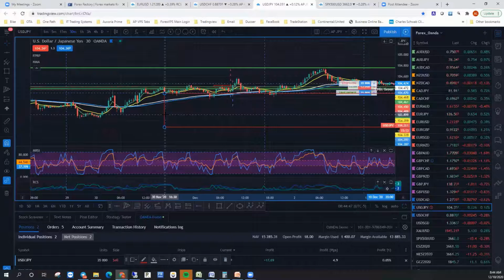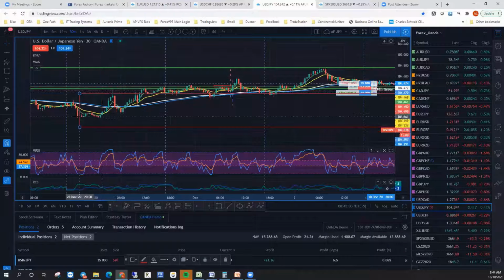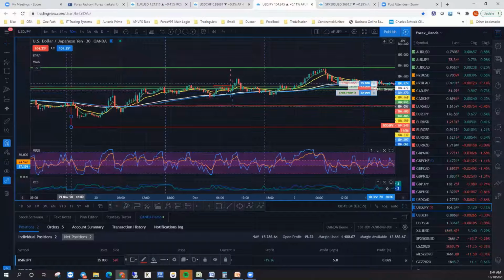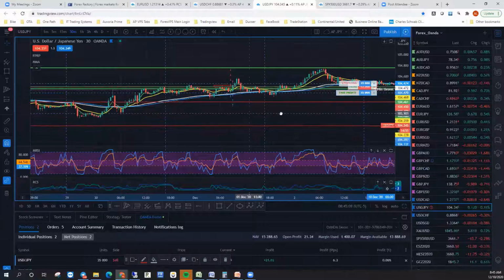So here was the close. This was the close of the, it should be the Friday's close right here, the 27th. So this would be Sunday. We'll just take it to Sunday. There was a close right there. So that's what we're, oh, come on.